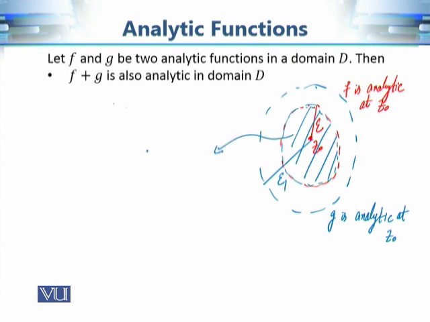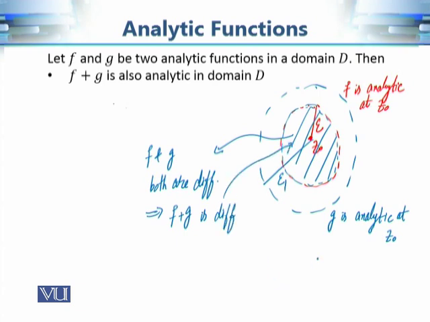We also know that if f and g are differentiable, then f plus g is also differentiable. This is the property that we discussed when we were discussing the differentiability of complex valued functions. So f plus g is differentiable in the same region. So this implies that f plus g is analytic at point z0.